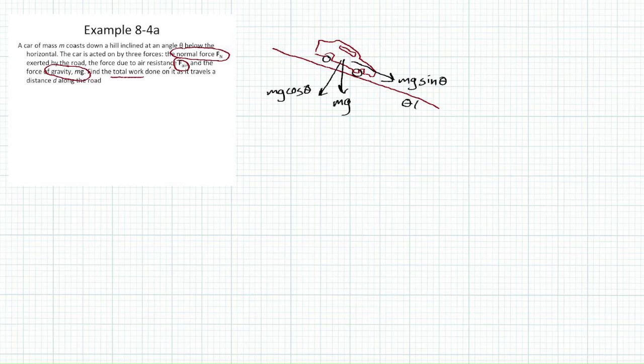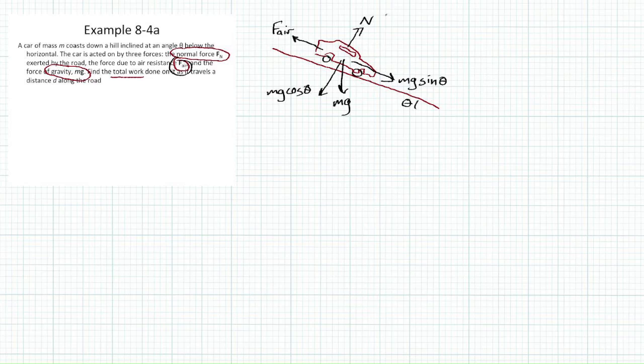Well, we have our force of the air, which we have right here. That's friction. It acts against the motion of your car, against the force causing your car to move. So we're going to draw that in the opposite direction. That is F air, the friction force caused by the air. And then, of course, there's the normal force, which we just notate as a capital N, just like that.